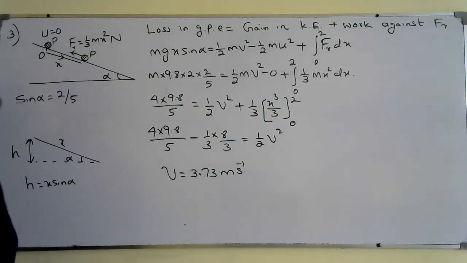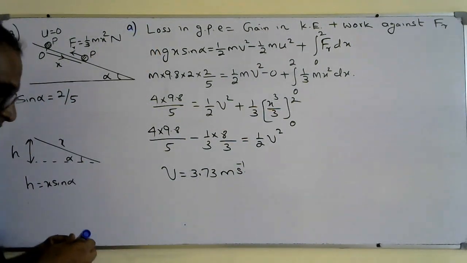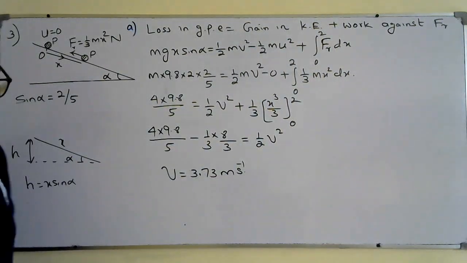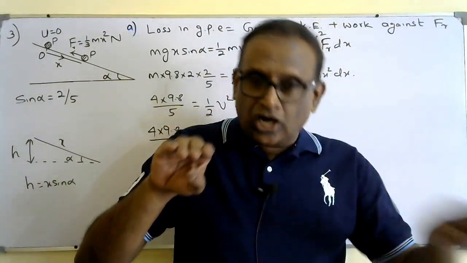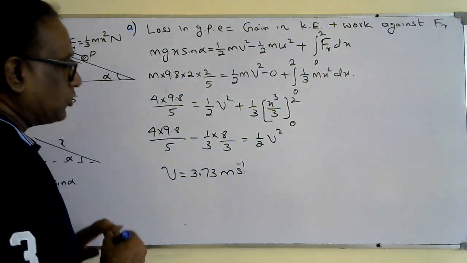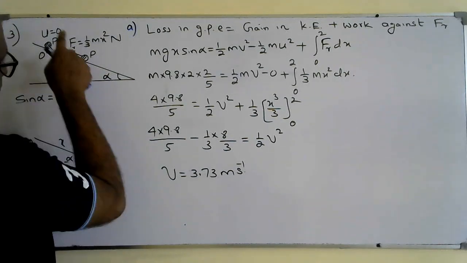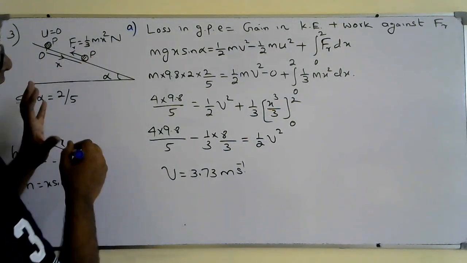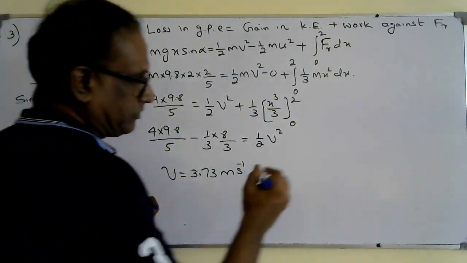So this is question number 3, A part, first part. Now for the A part, second part, I want to use Newton's second law, F equals ma. We'll identify the forces acting on the particle along the plane down. One force acts upward, that's the opposing force 1/3 mx squared. The weight has a component along the plane down, that is mg sine alpha.